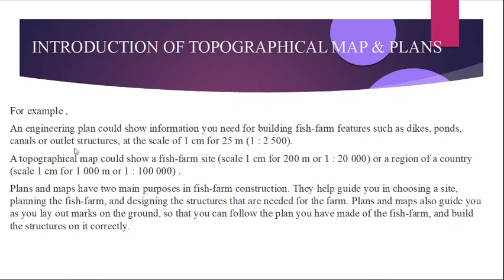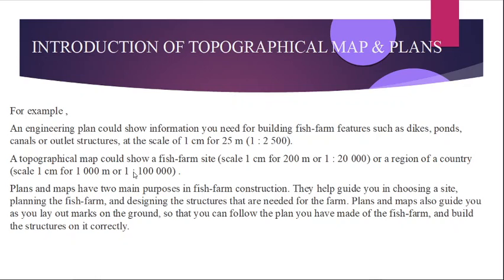Second point, a topographical map could show a fish farm site at scale 1 centimeter for 200 meter, that is RF equals 1:20,000, or a region of a country at scale 1 centimeter for 1000 meter, that is RF equals 1:1 lakh.